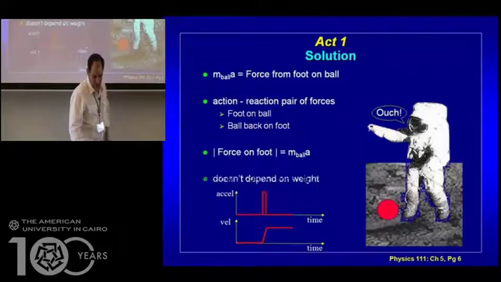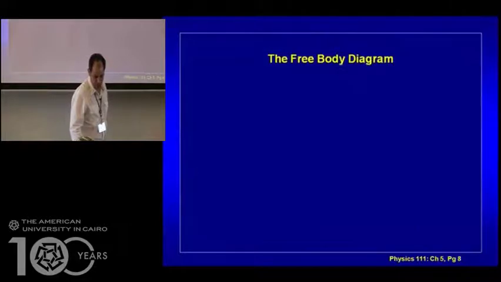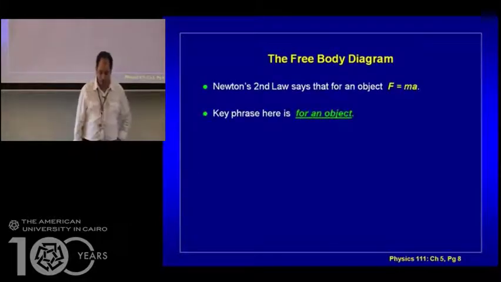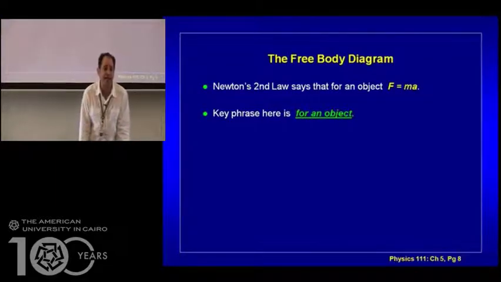Free body diagram. Now, for any object, if we need to study the kinetics of that object, we have to concentrate on the forces acting on the object, not the forces from the object, only the forces acting on the object.